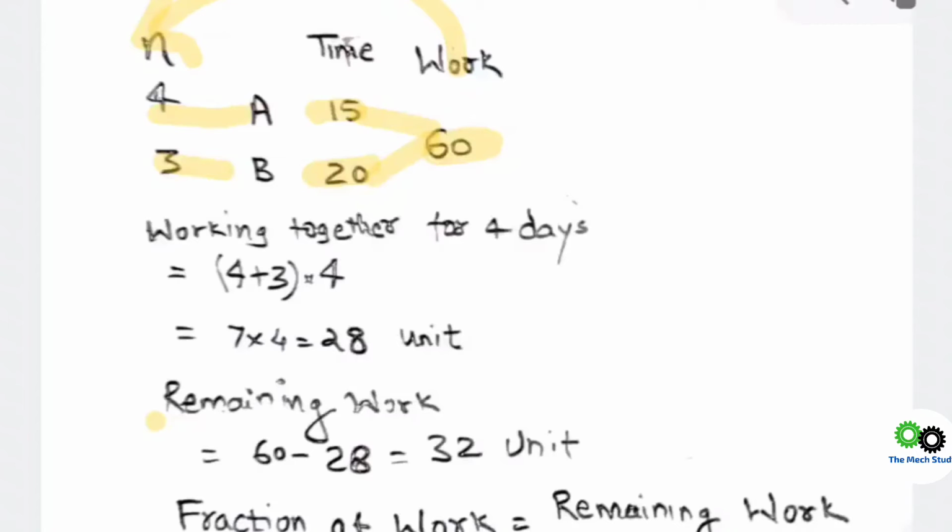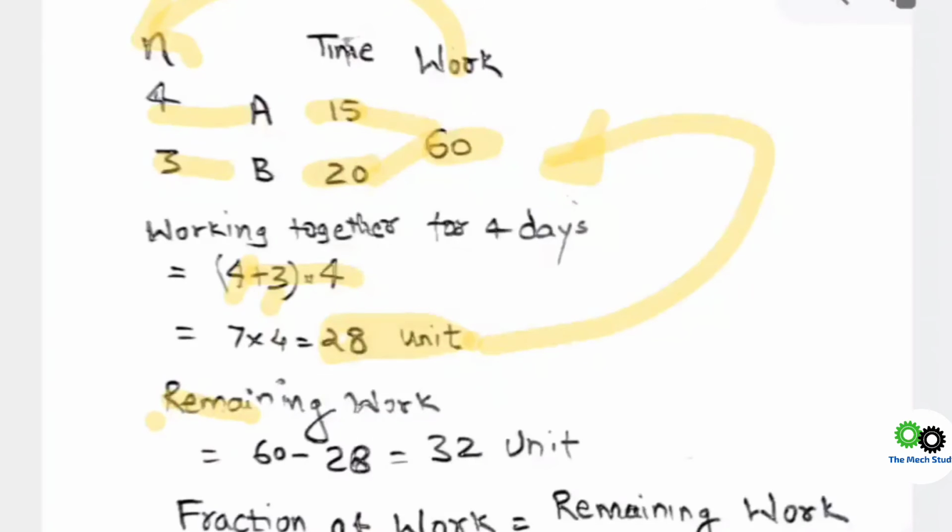And once you get the efficiency, you need to calculate how many days they worked together. A and B worked together for how many days? Efficiency of A is 4, efficiency of B is 3, total 7. They worked together for 4 days. 7 times 4 is 28 units. They have already completed this work. And what was the total work? Total work was 60.